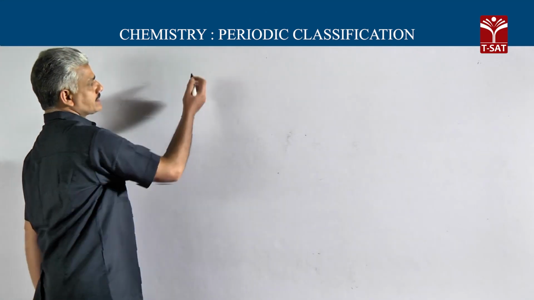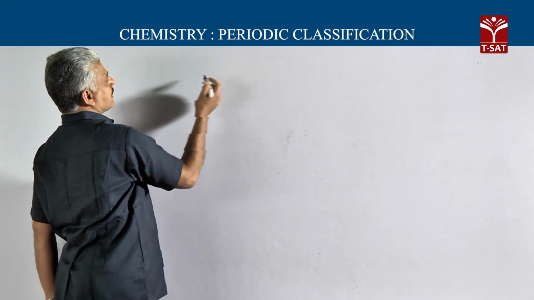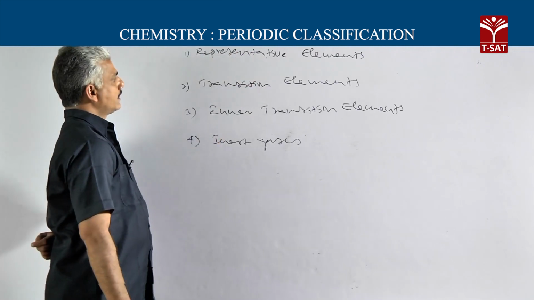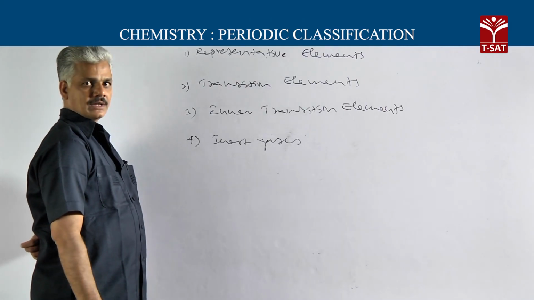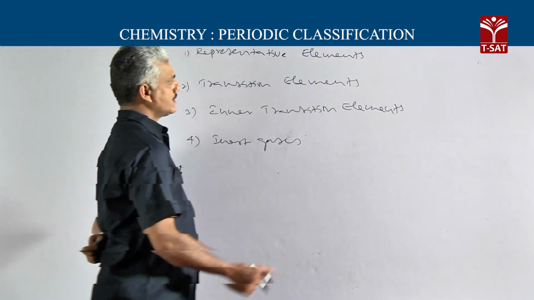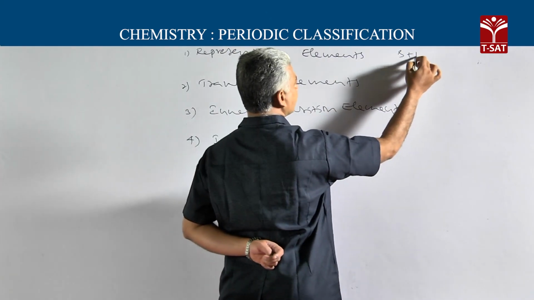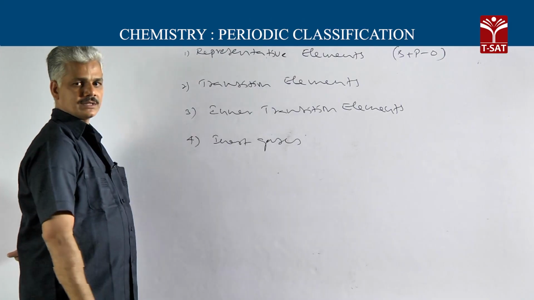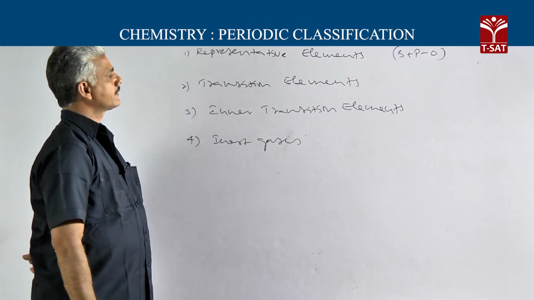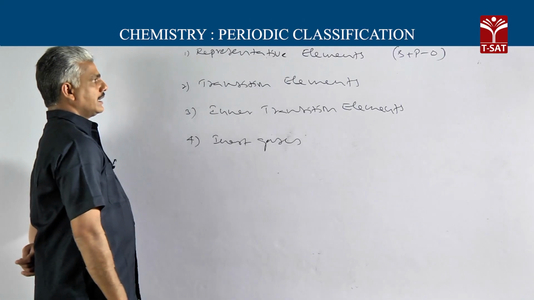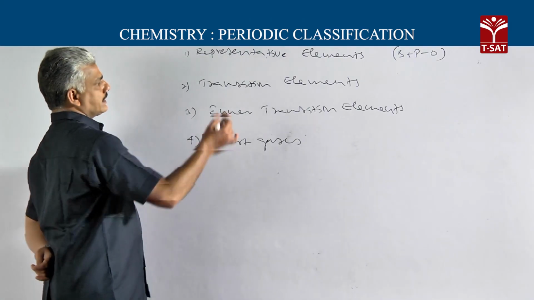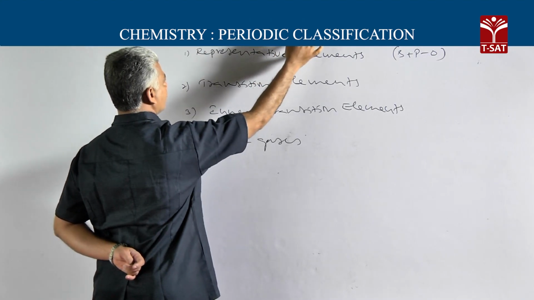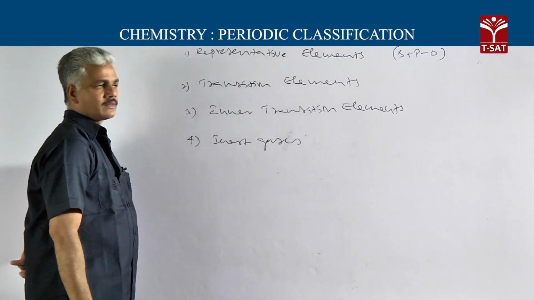Based on the properties, the elements are classified as representative elements. The elements of S block and P block excluding 0 group can be called representative elements. They are so called because of their chemical reactivity. The general electronic configuration of representative elements can be represented as ns1 to 2, np1 to 5.